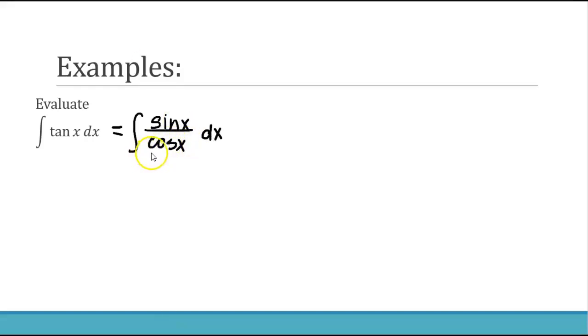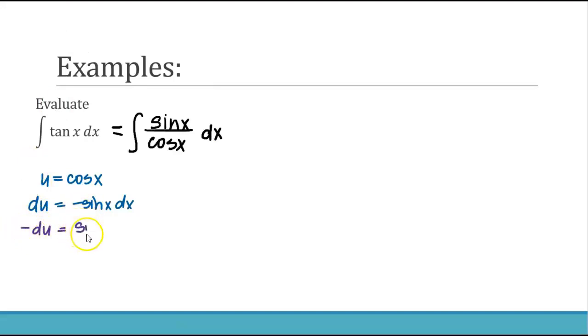And in this example, we're going to go ahead and now let u equal cosine x. And then we can see that when we take its derivative, du is going to be negative sine x dx. And I do have at least a sine x dx. So what I'm going to have to do is just multiply that negative to the other side.